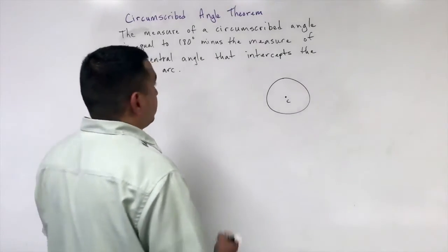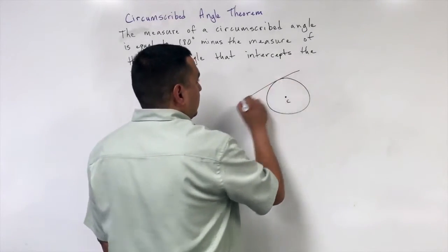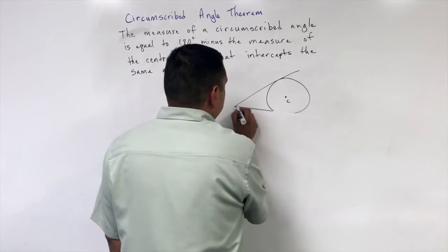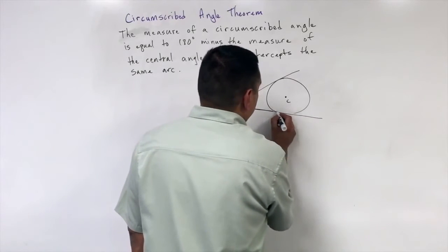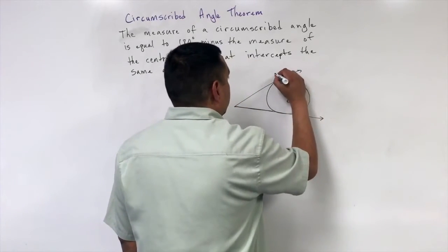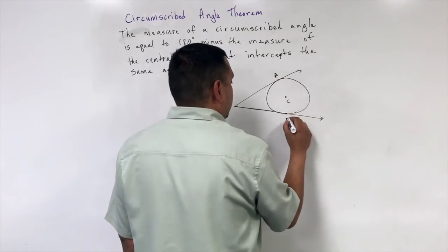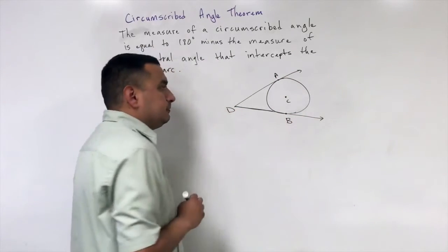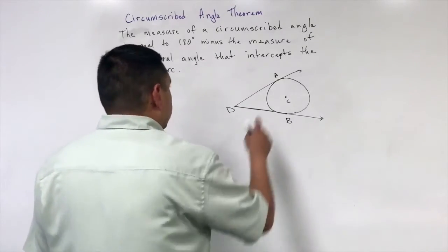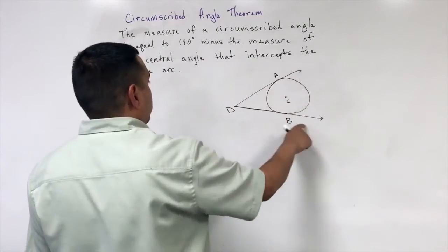So if I have a circumscribed angle, let's draw that. That means I have something that looks like that, more or less. I'll call this point A, this one B, and this point D. This is my circumscribed angle.